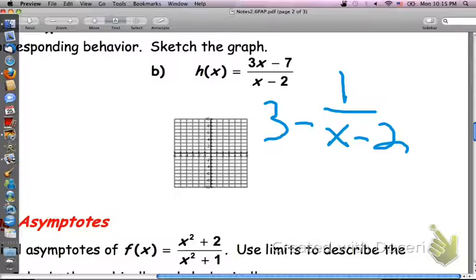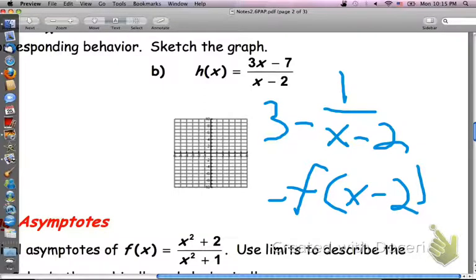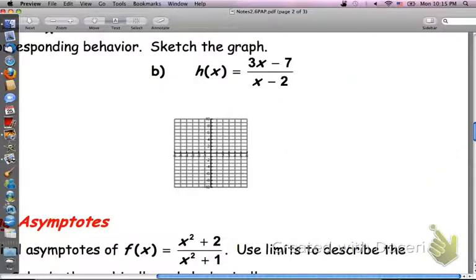Well, it's stretched by a factor of negative 1, and shifted to the right 2, and up how many spaces? Plus 3.